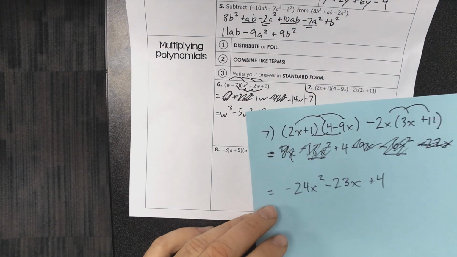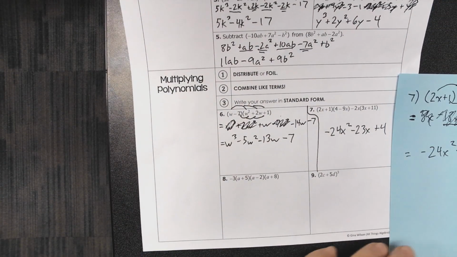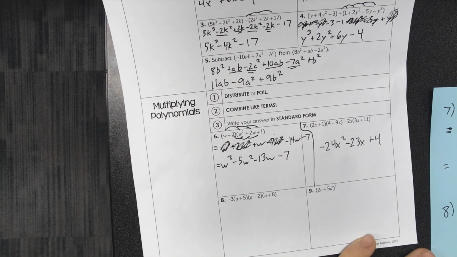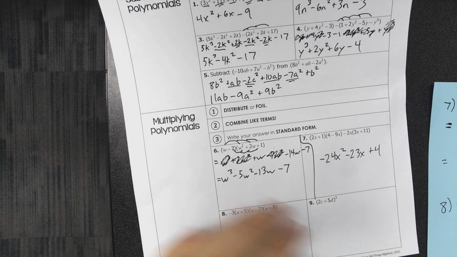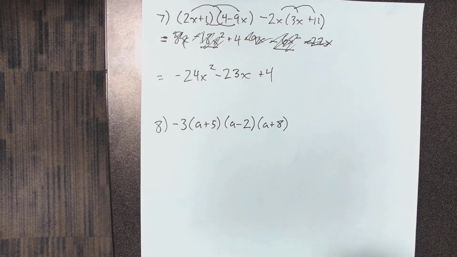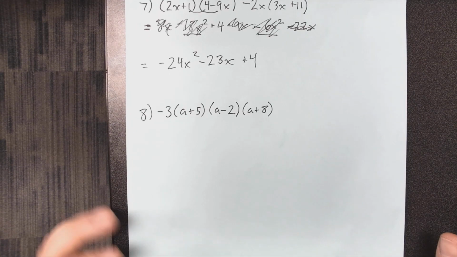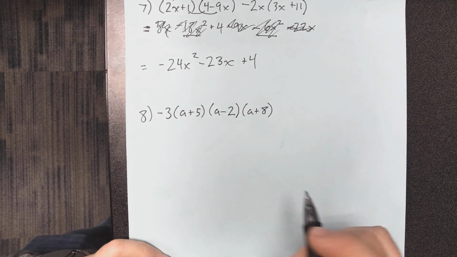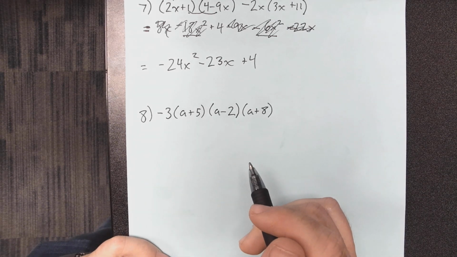All right, I'm going to go ahead and write down number 8. I'll do it on this separate sheet so I have a little bit more space. Okay, so when I'm multiplying, we can only multiply two things at a time.